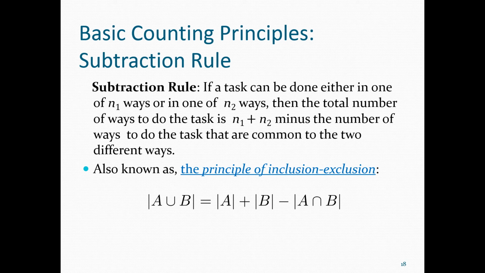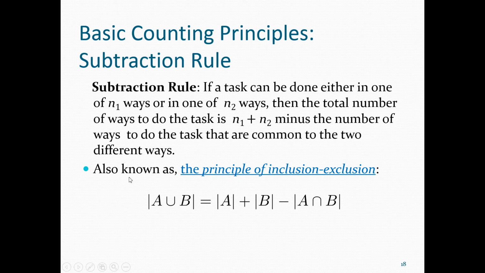Next is the subtraction rule. This is also called the principle of inclusion and exclusion. In this case, if a task can be done either in one of n1 ways or in one of n2 ways, then the total number of ways to do the task is n1 plus n2 minus the number of ways to do the task that are common to the two different ways.